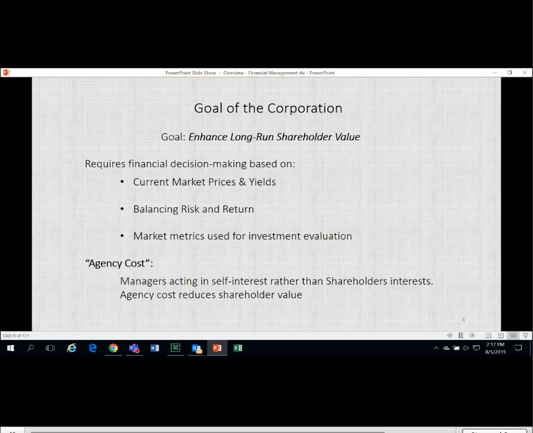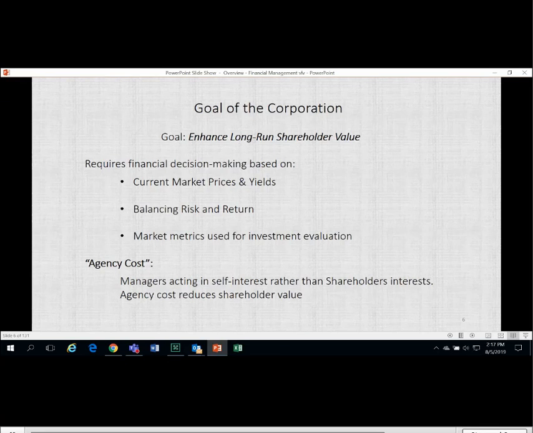It requires balancing risk and return. That is, not just simply maximize the profit regardless of how much risk you're taking on. You have to balance risk and return. And in order to evaluate investments, you need to use market metrics.